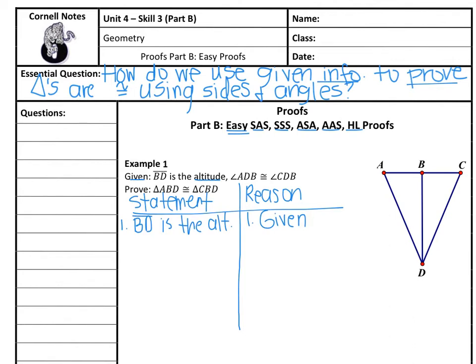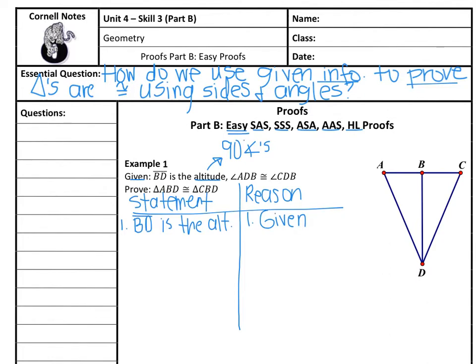Okay, so our altitude, what do we know about an altitude? Well, if we remember from Unit 1, an altitude creates 90-degree angles. And that is because we have perpendicular lines forming when we have an altitude.